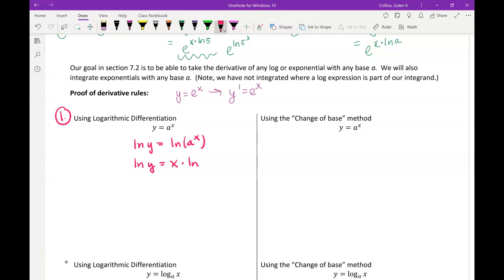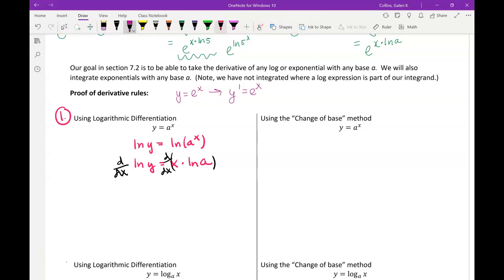I don't know if simplify is always the word we want, but to rewrite that right-hand side in such a way that I can take the derivative more easily. So I'm going to pull that x out and put that as a multiple of the log in front. Then once we're in that format, that's when we're going to want to take the derivative with respect to x on both sides of our equation.